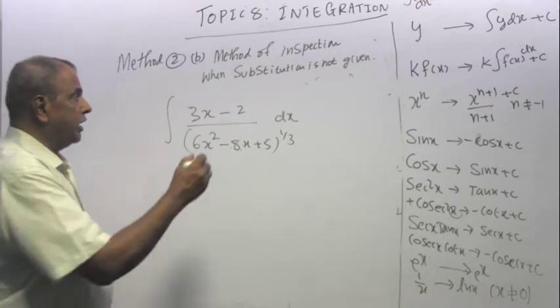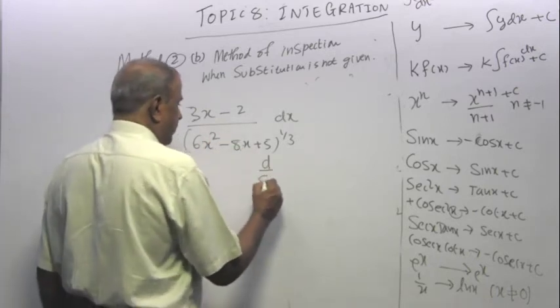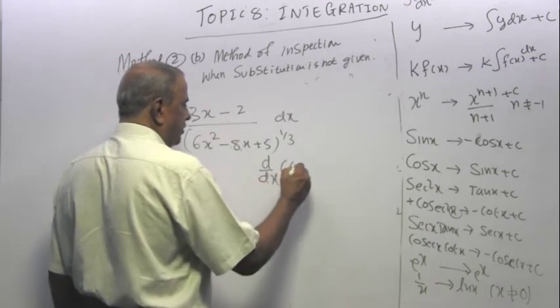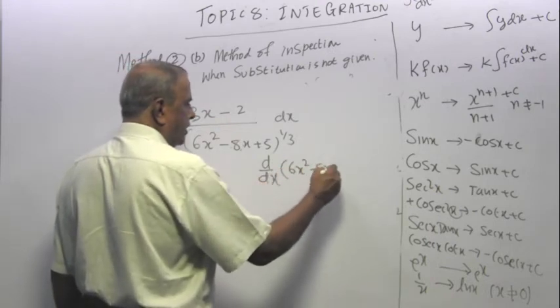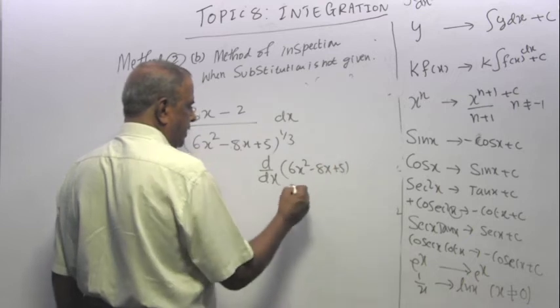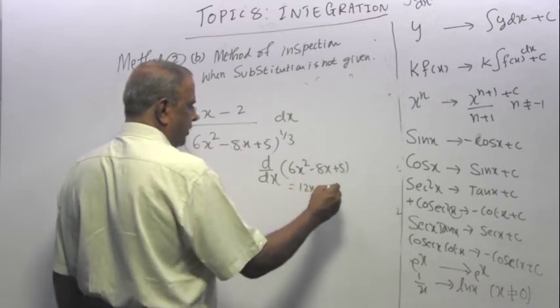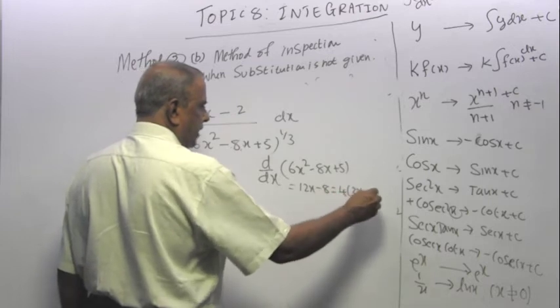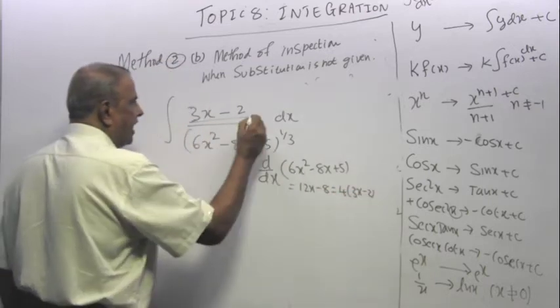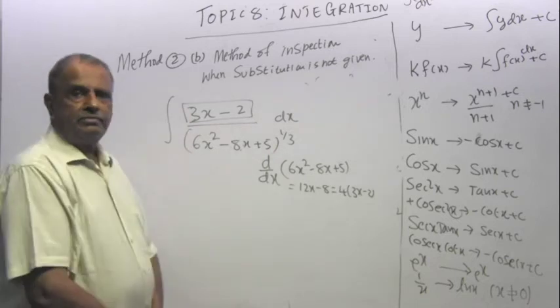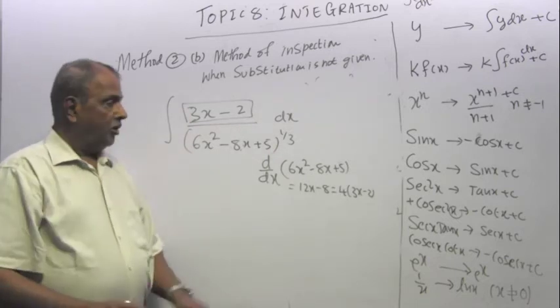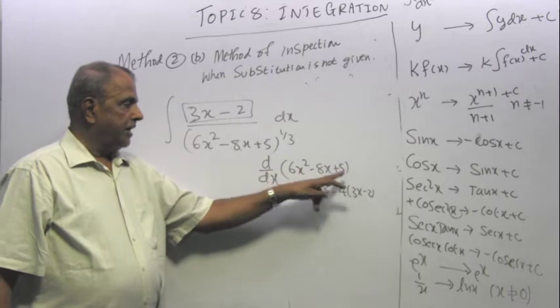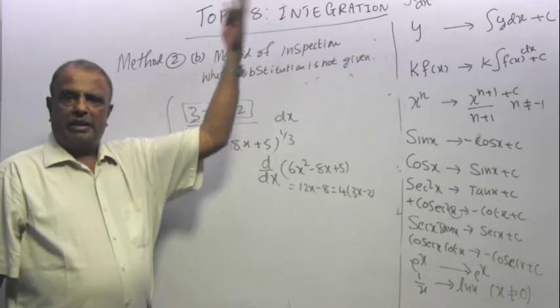Now, substitution. What do you get when you differentiate? Whether you use inspection or substitution, you have to differentiate the most complicated function. It is 12x minus 8, which is 4 times 3x minus 2, and the question has a 3x minus 2. So you can say u equal to that, then find du by dx, and then make dx the subject.